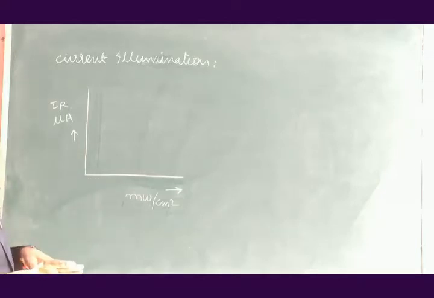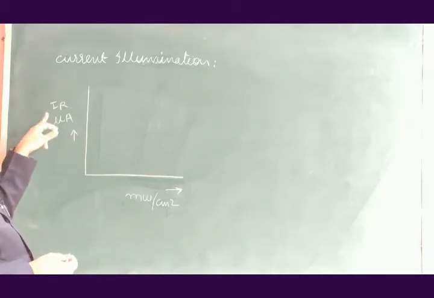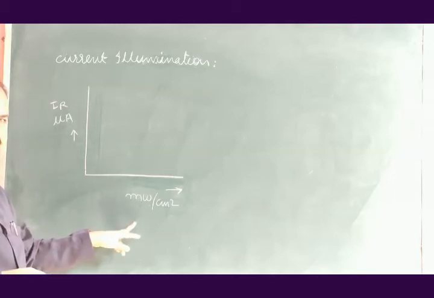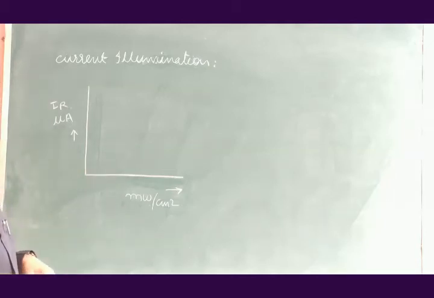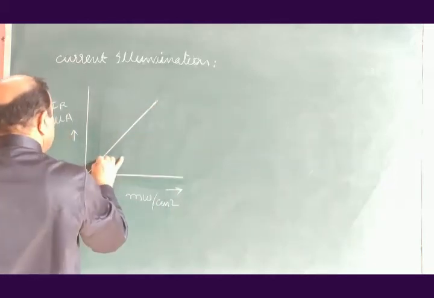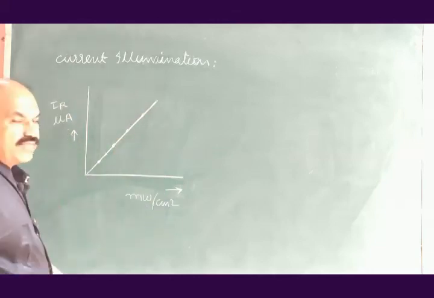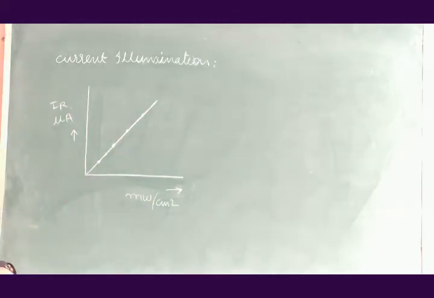From this observation table, let us plot a graph of illumination versus the current, the intensity of light falling on the photodiode. We will get a straight line.